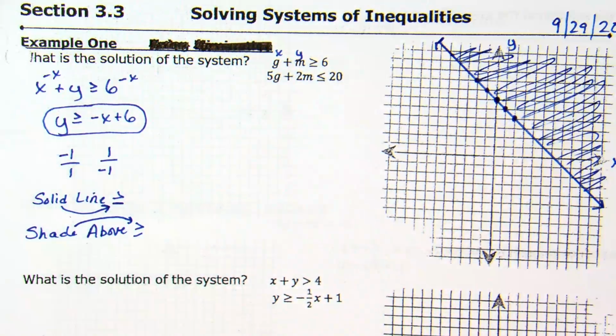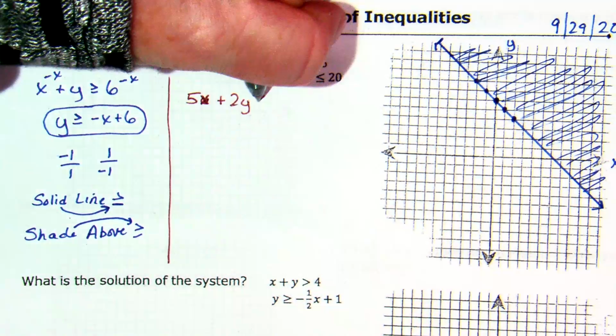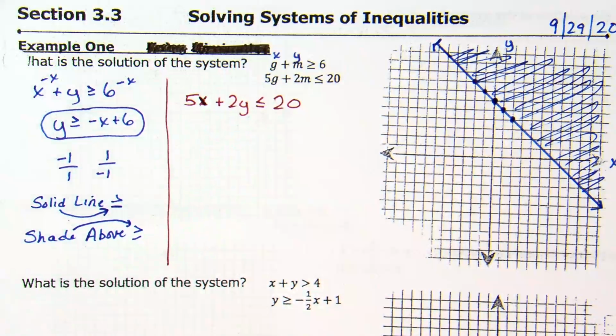Second part. I'm going to write this equation as 5x plus 2y less than or equal to 20. Well, that didn't make things much better. Okay, what do I do? This time we're subtracting the 5x because I want it to be y equals mx plus b.